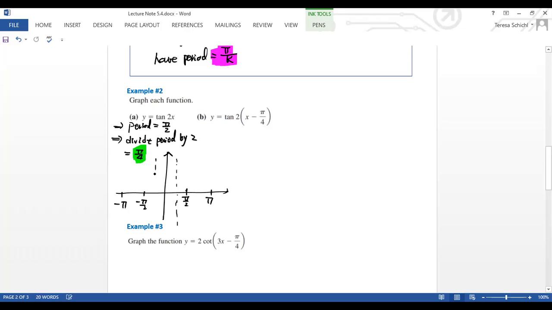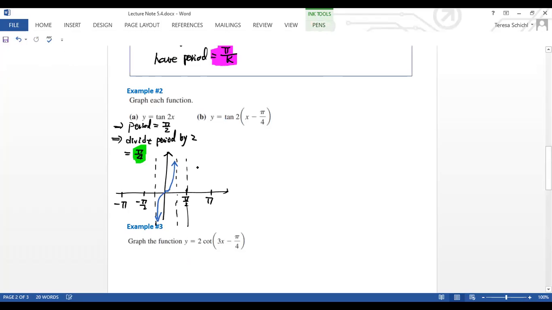That's how you find the asymptote. Your tangent function is going to sit in between these two intervals. Now every pi over 4, you can have an asymptote.